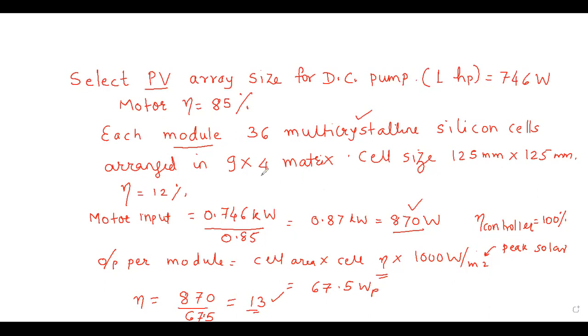So this is one problem wherein we have selected a PV module for a DC pump of capacity 1 horsepower, knowing the efficiency of the pump motor, the area of each module, and the efficiency of the module.